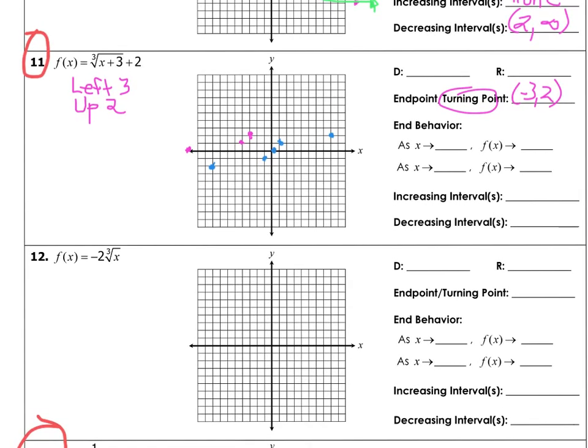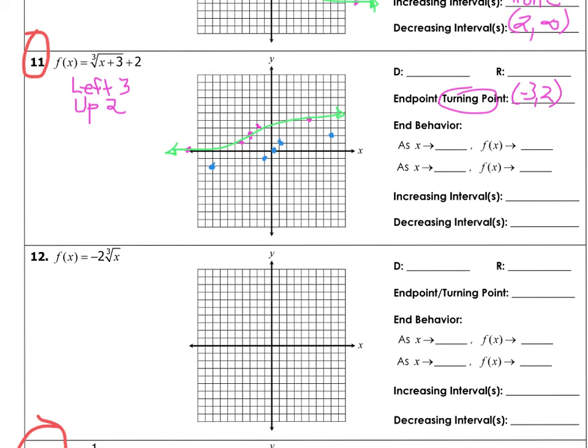My next point is 1, 2, 3, up 2. And then my last point is right here. Then I'm going to connect those with a curve, and it should be like a sideways S. You have to have an arrow on both ends because it goes infinitely in both directions.